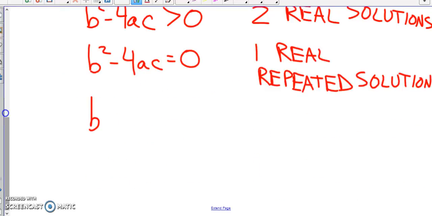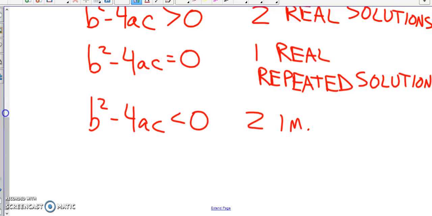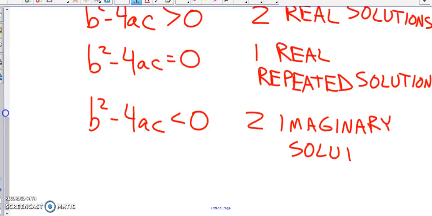And if b squared minus 4ac is negative, you get two imaginary solutions. So that's what you can use to tell what you're dealing with ahead of time.